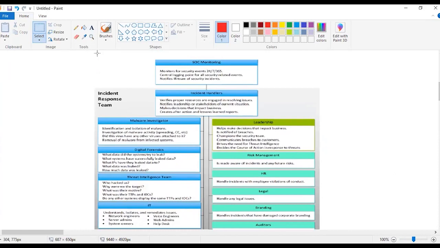Okay. So the first thing we are going to talk about is the incident response team. Whatever network monitoring they do, they are going to respond to it. So these are the security teams. There is the SOC, security operations center, monitoring.